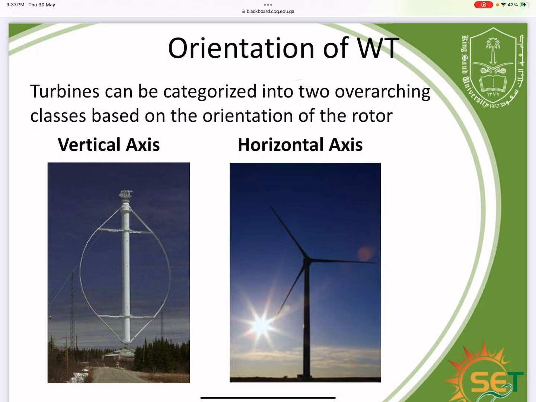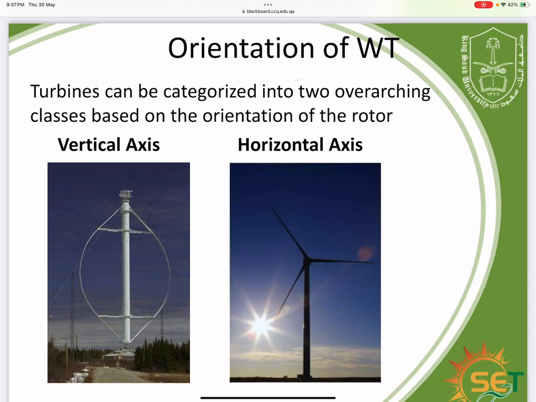The horizontal axis advantages: efficiency, it is more efficient than vertical axis, especially in areas with steady, strong winds. Three-blade horizontal axis wind turbines are particularly effective at converting wind energy into electricity.